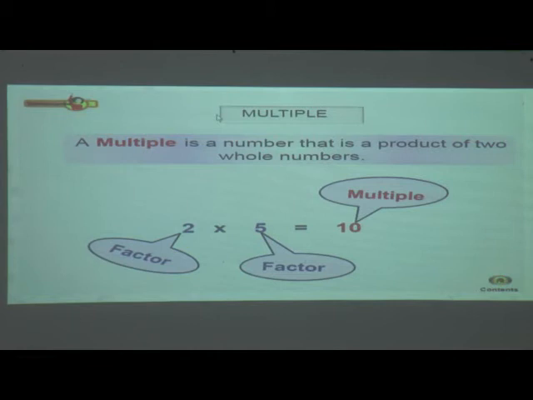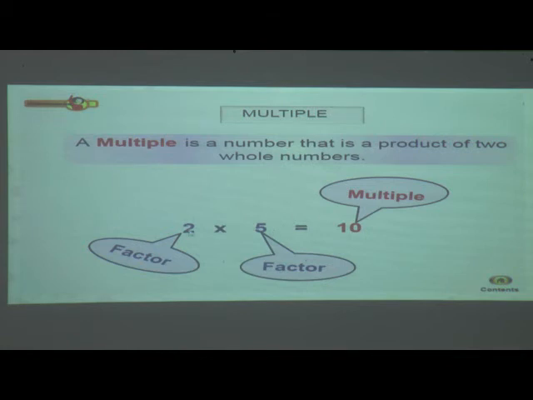So now we are going to see about the multiple. A multiple is a number that is a product of two whole numbers. For example, 2 is a whole number and 5 is a whole number.